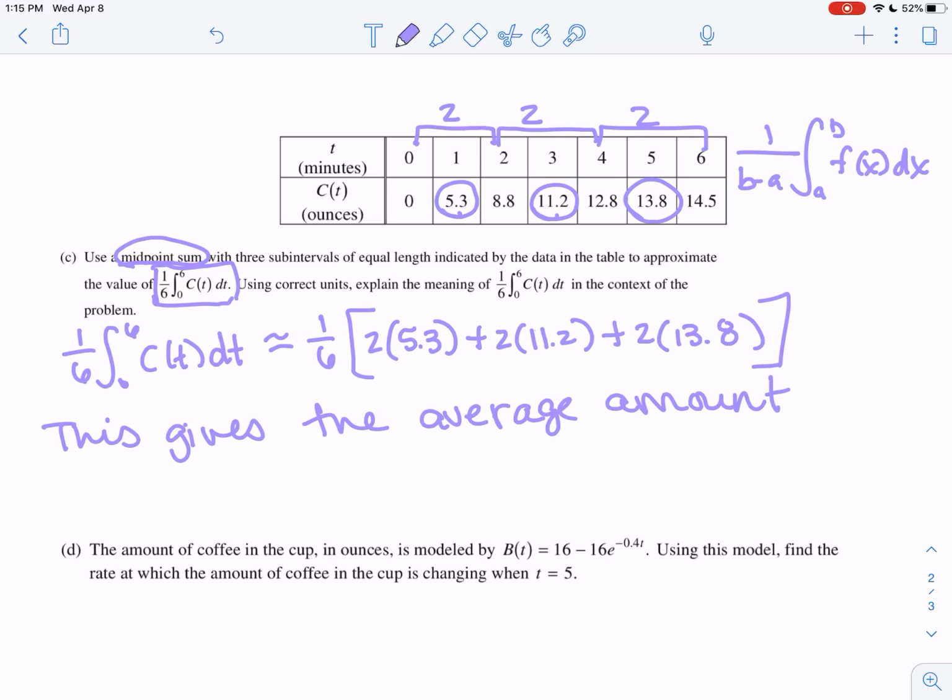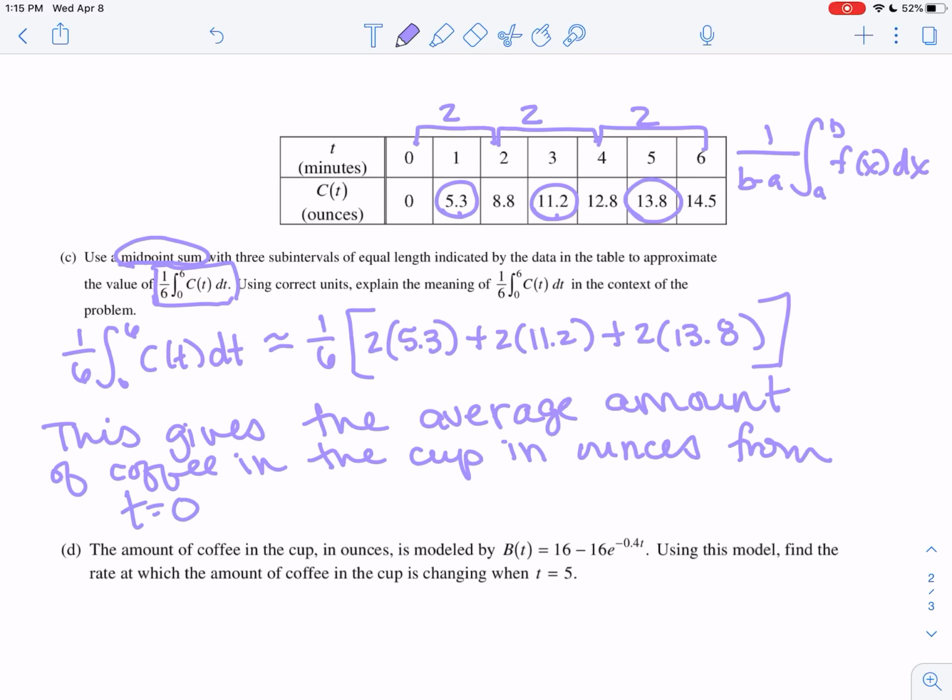This gives the average amount of coffee in the cup, and they wanted units, in ounces, from t equals 0 to t equals 6 minutes. Okay, always make sure you've got 2 units, one for your independent variable, and then one for your answer as well. Okay, so that is that.